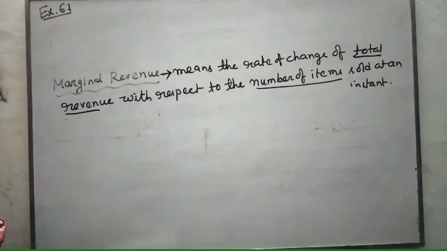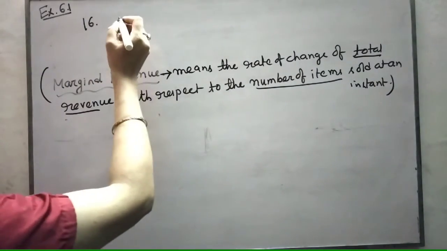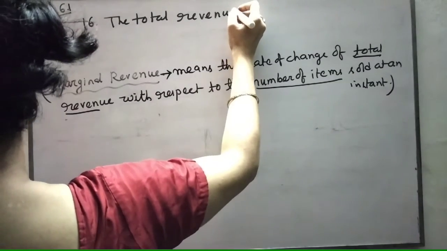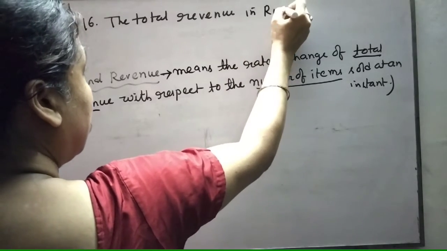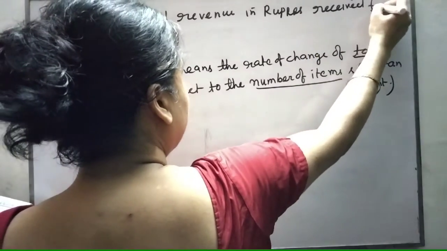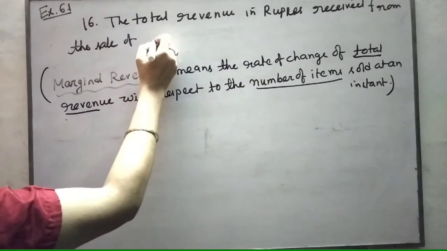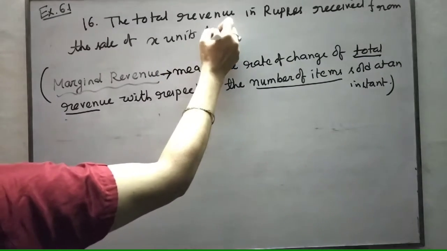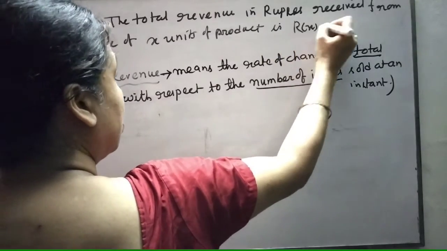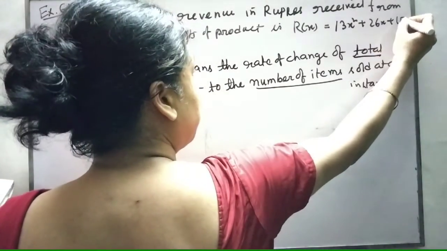Your question number 16: the total revenue in rupees received from the sale of x units of a product is R(x) equal to 13x² plus 26x plus 15.